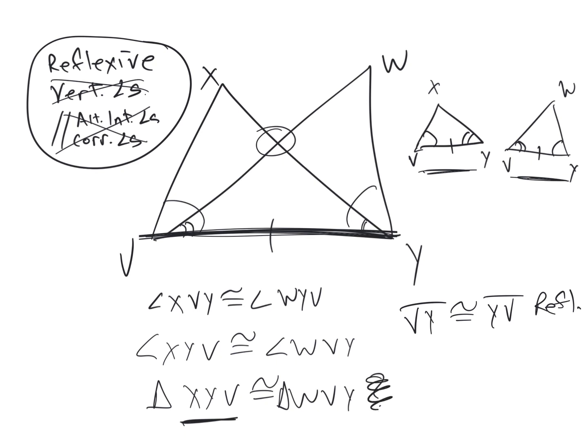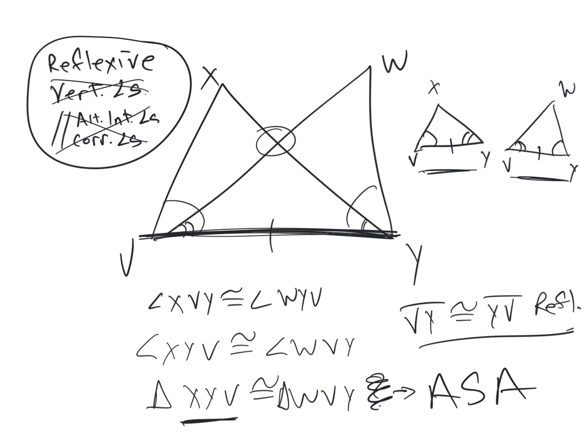Okay, so why? VY is congruent with YV because it's reflexive. Triangle XYV is congruent with triangle WVY because of angle, side, angle. You have angle, side, and angle.